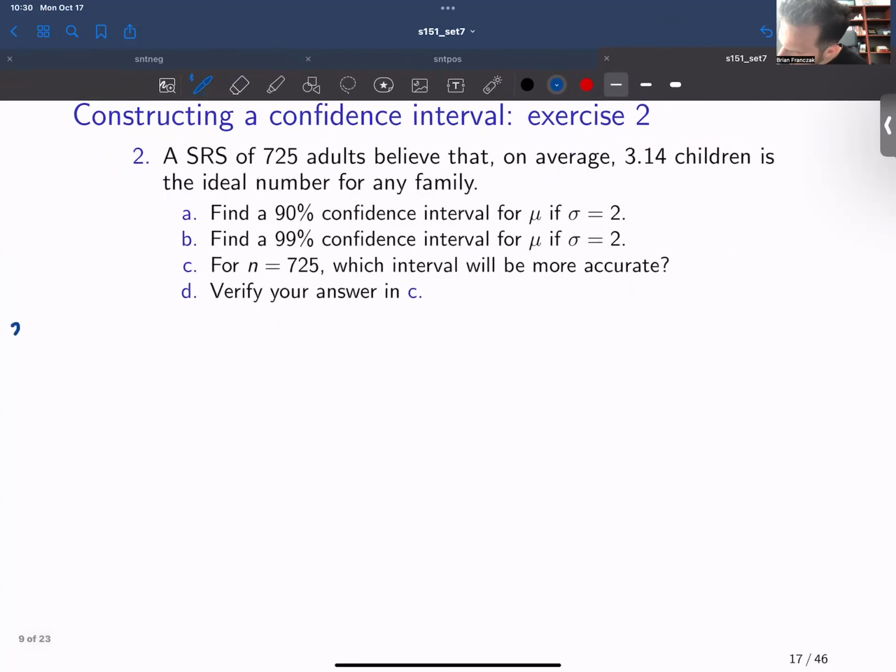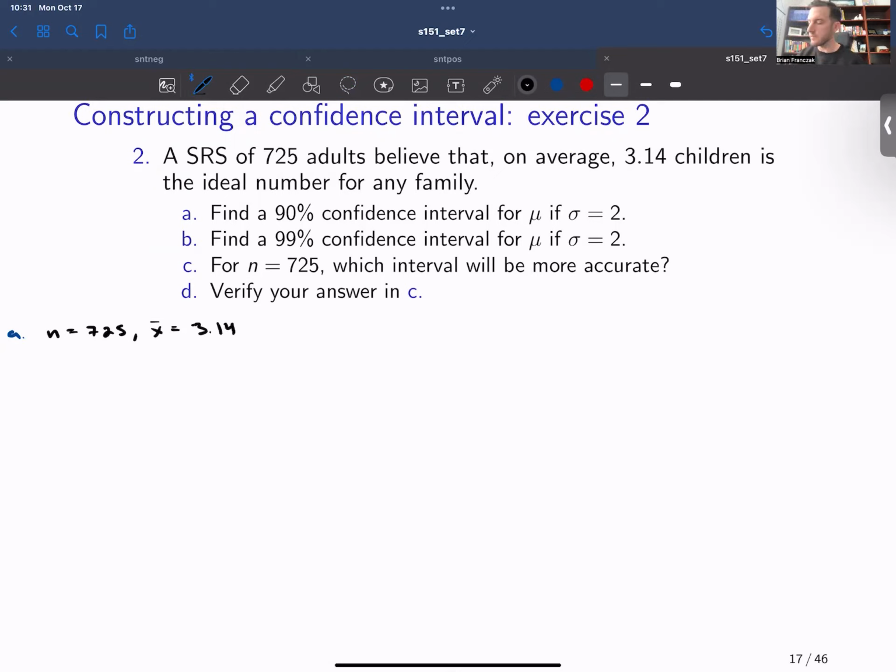Here we have question 2A. From a SRS of 725 adults, the belief is that 3.14 children is the ideal number for any family on average. Right off the bat, what we are being told here is that n is equal to 725 and that x bar is equal to 3.14.